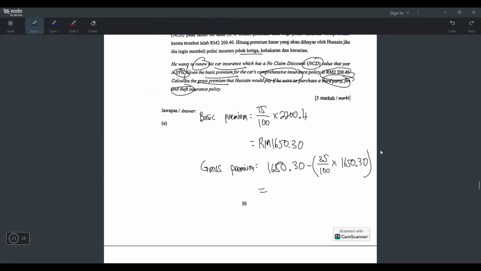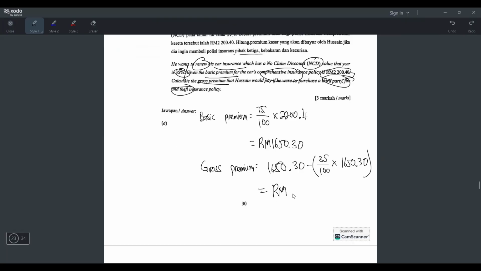You press the whole thing here, you get your answer. Okay, let's press. 35 divided by 100 times 1650.3, and then 1650.3 minus answer. Okay, let me press again. 35 over 100 times 1650.3, and then 1650.3 minus answer. Okay, my calculator gives me 1072.